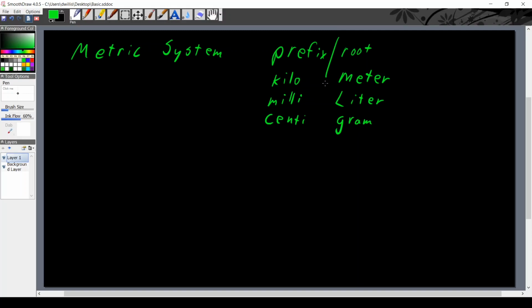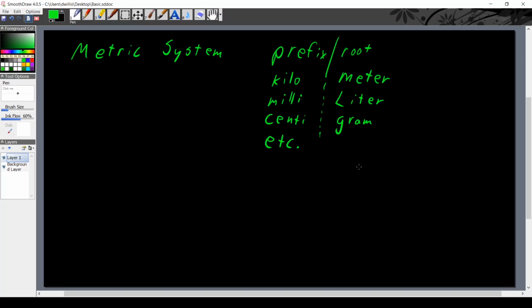There are many other prefixes that could come into play, so those are not the only prefixes that are available. And of course, these are not the only roots, but meter, liter, and gram tend to be the three most common that you will encounter.